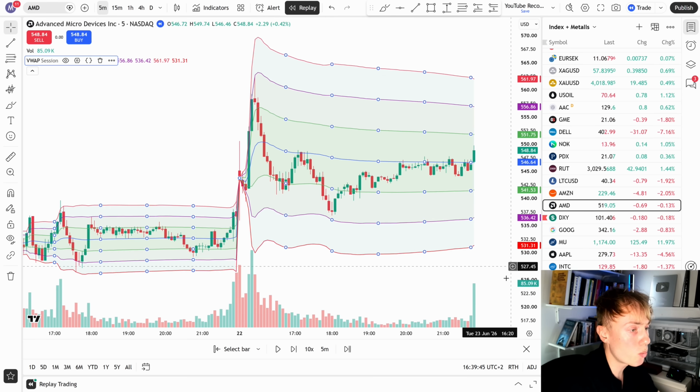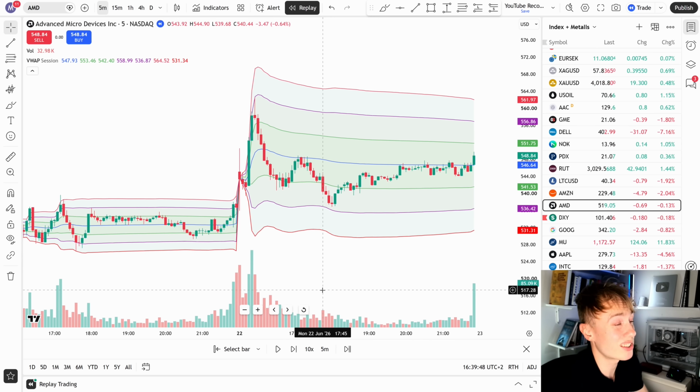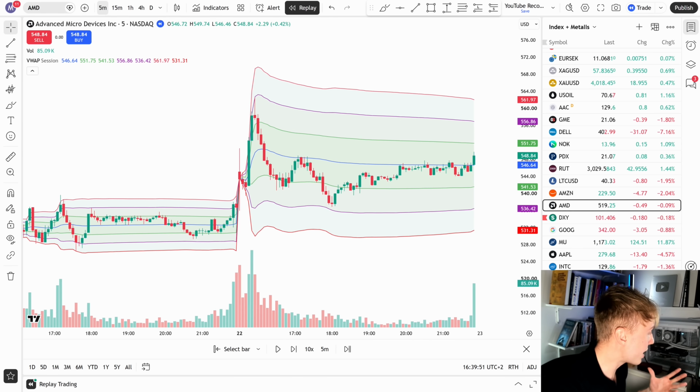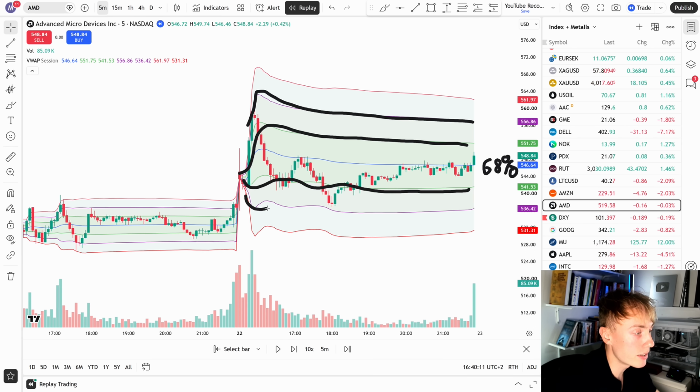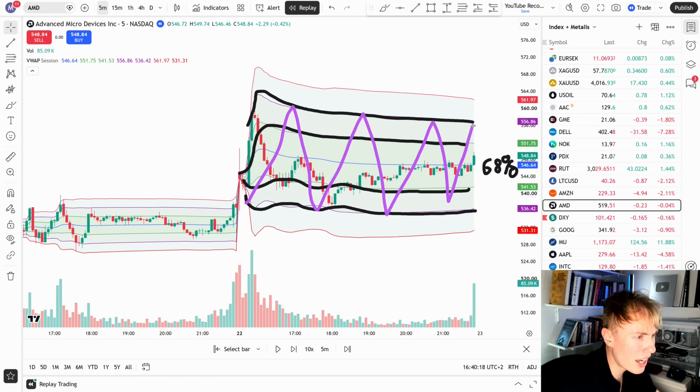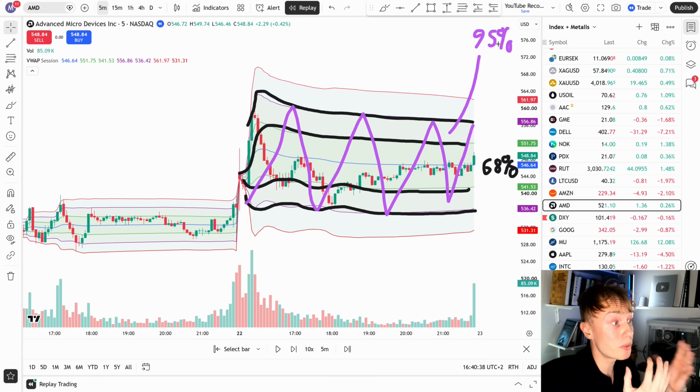And now you might wonder, what do these bands actually tell us? Now it looks a little bit complicated. Well, it's actually very simple. As you already know, within the first bands, around 68% of the price will be within these bands. But if we take a look at the area of the second bands right here, in this purple area, around 95% of the price will be within this area.